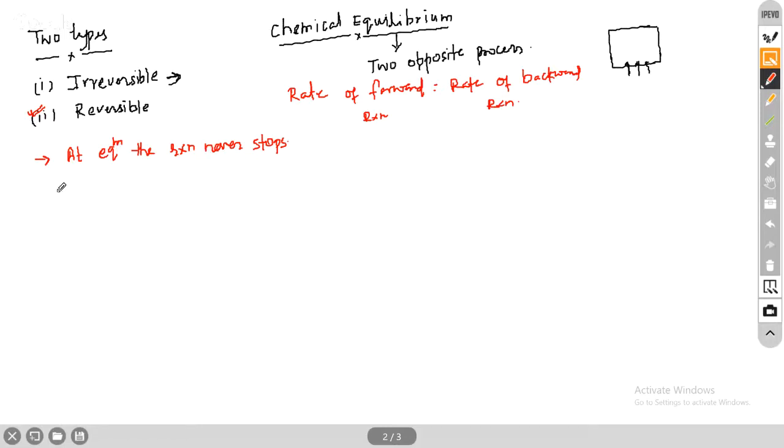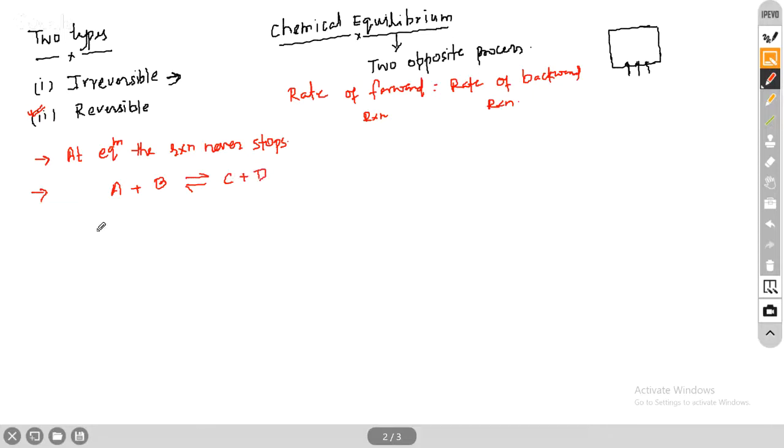Okay, so the next thing here, suppose there is one law over here. Let me take one reaction. Suppose A plus B gives C plus D, right?